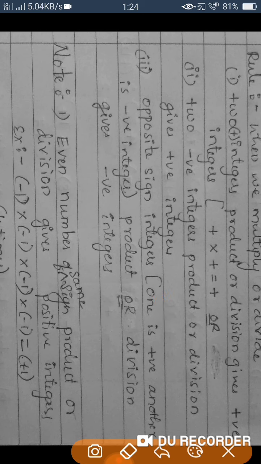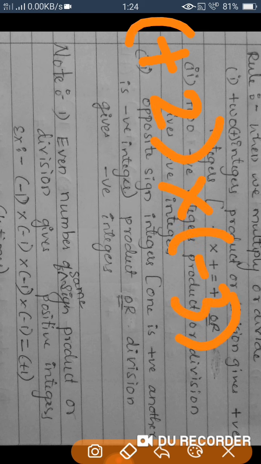That means one positive into one negative. Take any integers, not only 2 and 3, just to give an example. Just multiply the numerals because it is a multiplication sign between the two integers. 2 threes are 6, write it.